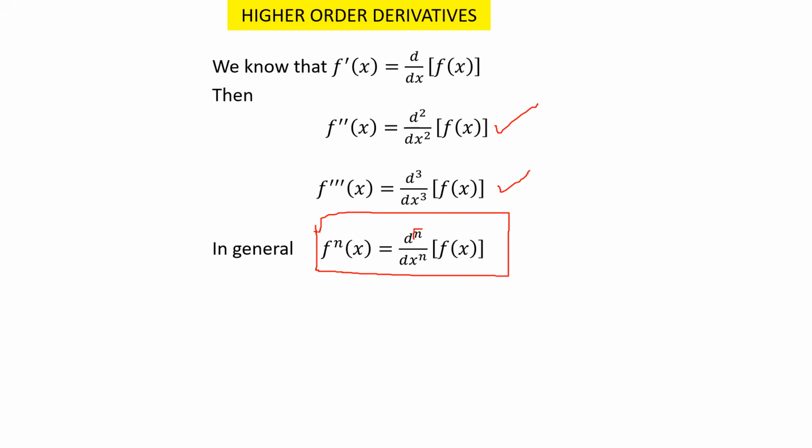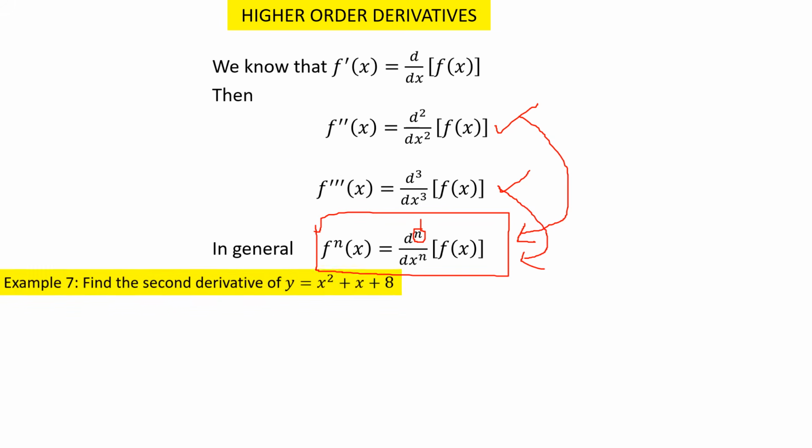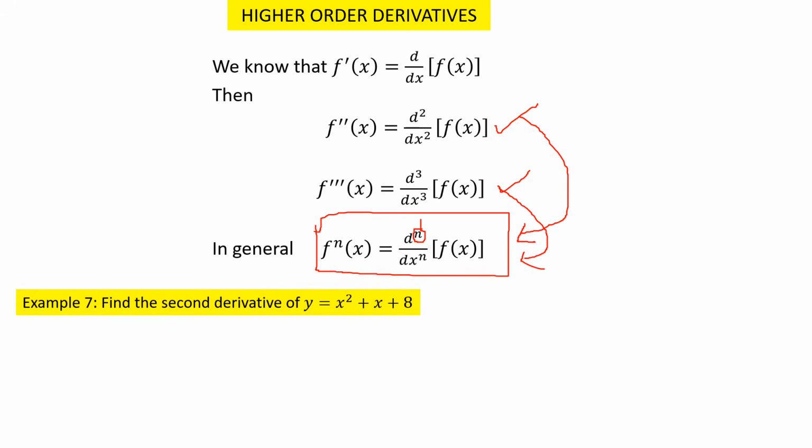If I replace n by 2, that means I need to differentiate 2 times. If I replace n by 3, I need to differentiate the function 3 times. Let us see this example. They are asking to find the second derivative of the function y is equal to x power 2 plus x plus 8.